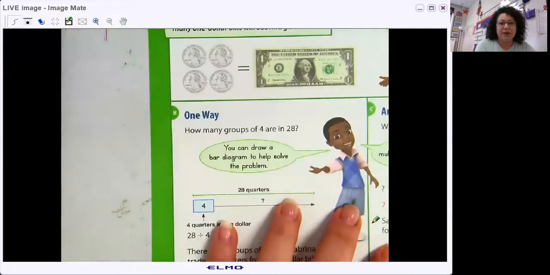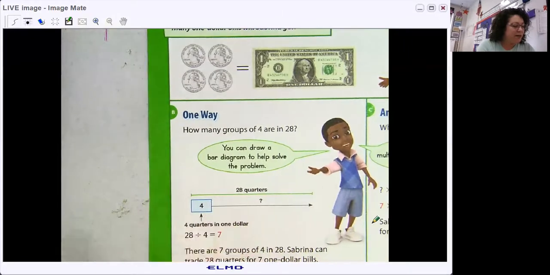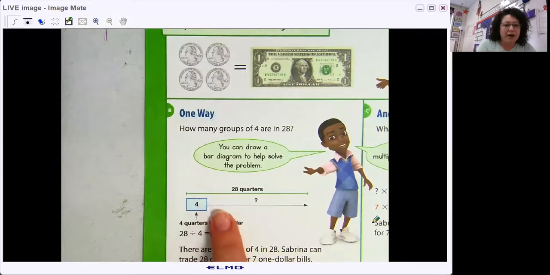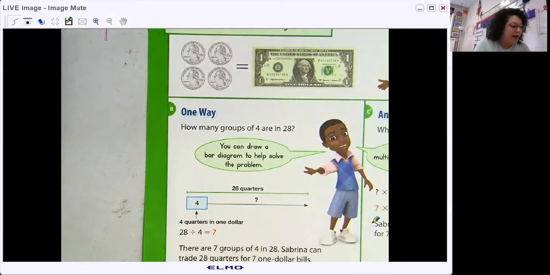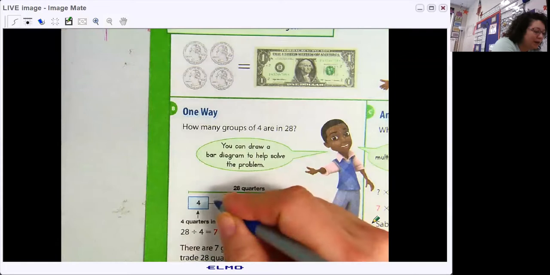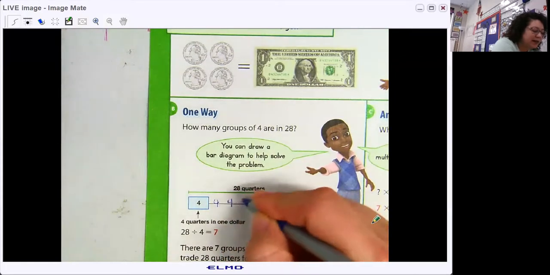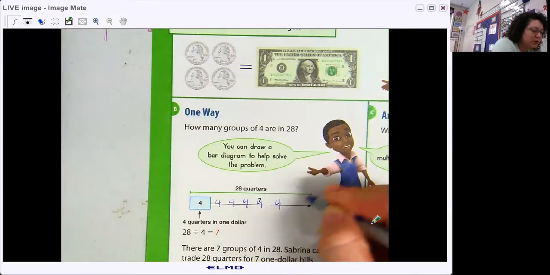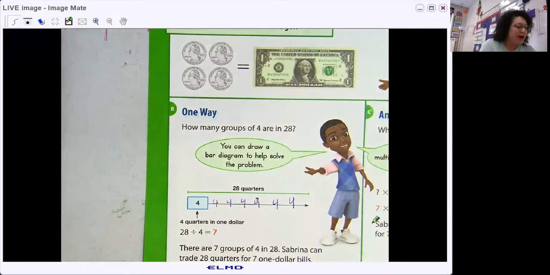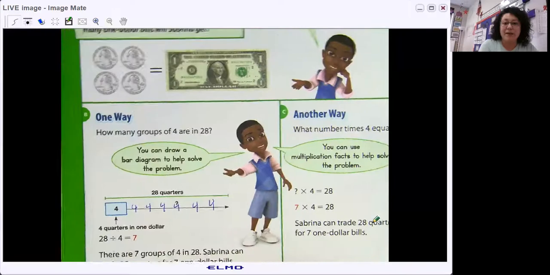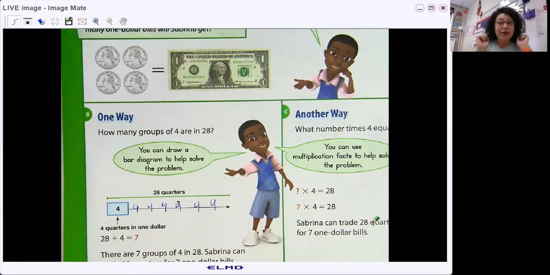Okay. So down here, we've got a bar diagram, if you like those. Some of you don't, that's fine. So you can keep drawing out 4 until you get to 28. So you would add 4 plus 4, keep adding 4 on, you would count up. Or if you look on the other side, like we've been talking about fact families, if you can multiply, you can divide. It's just a fact family.